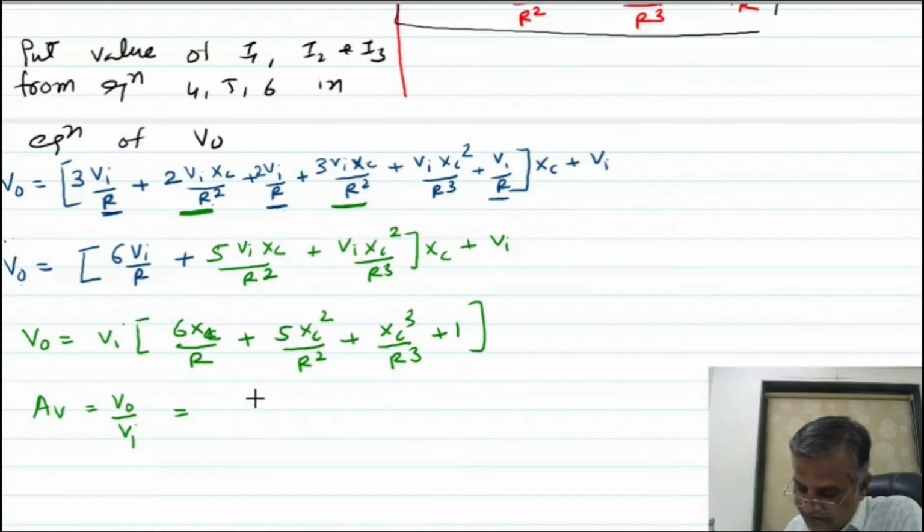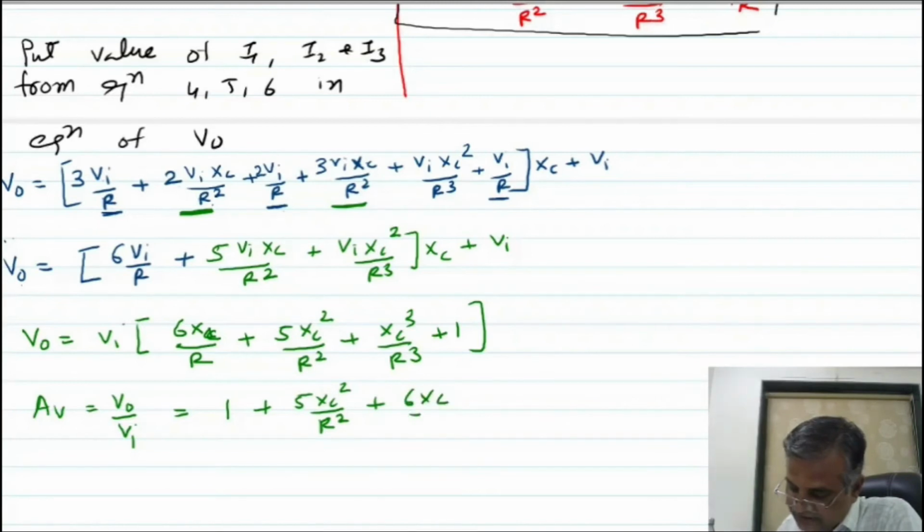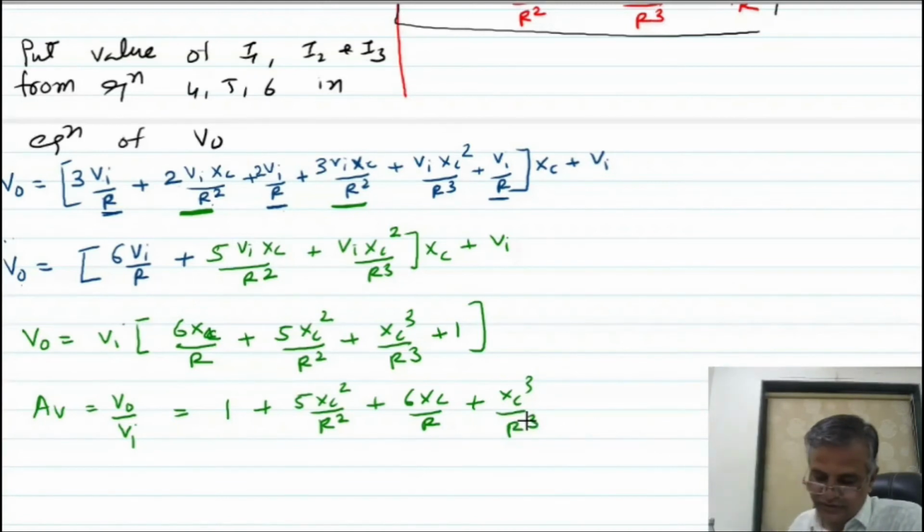I can write 1 plus 6 Xc by R plus 5 Xc square by R square plus Xc cube by R cube. This is your gain equation.